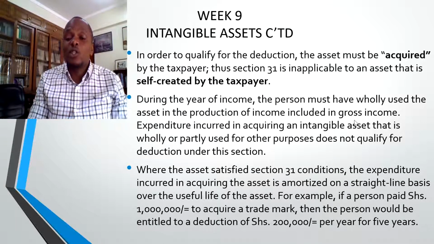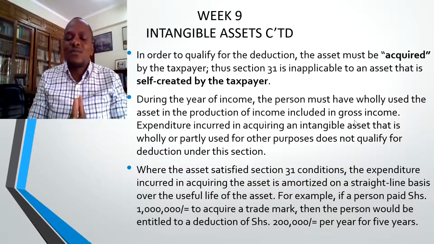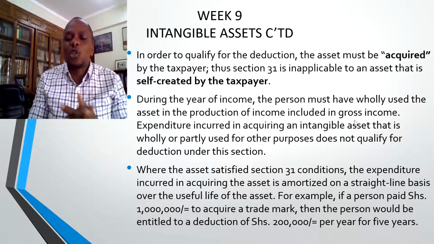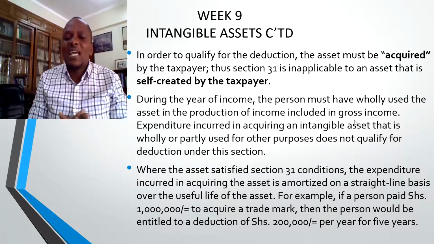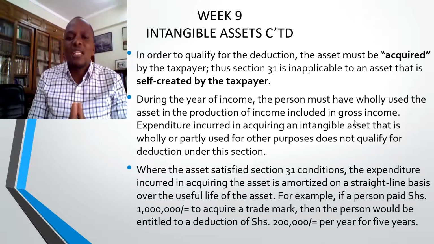We've looked at the definition of what gross income is. So where the asset satisfies the conditions under Section 31, then the expenditure incurred in acquiring the asset is amortized on a straight line basis.